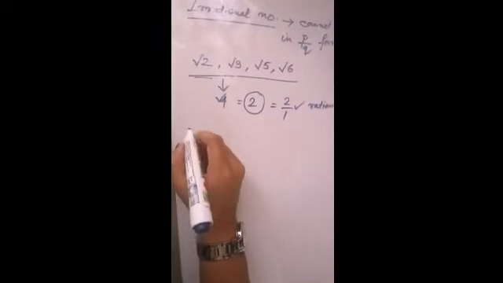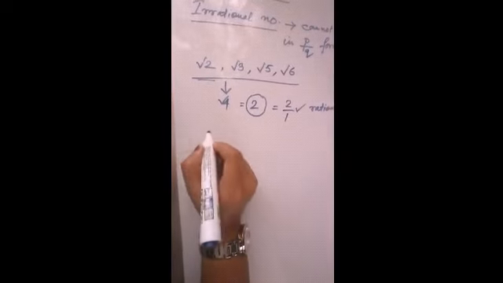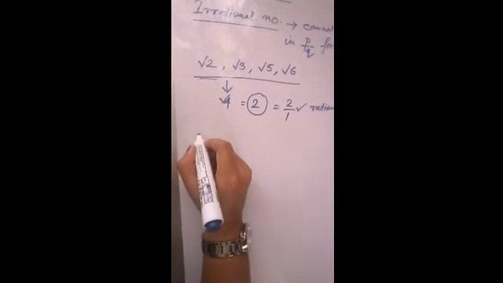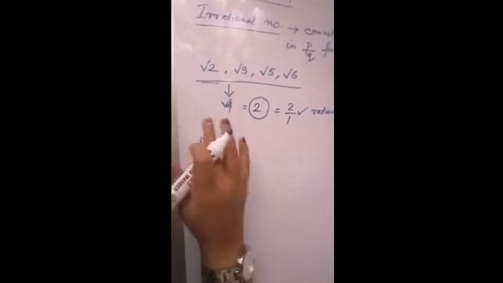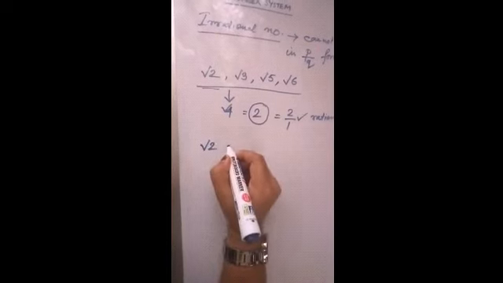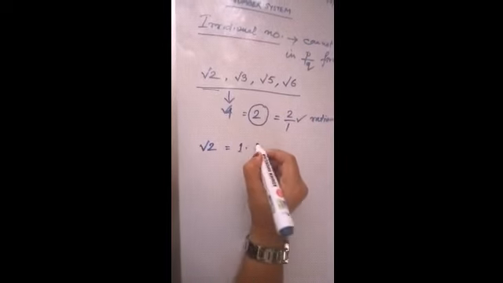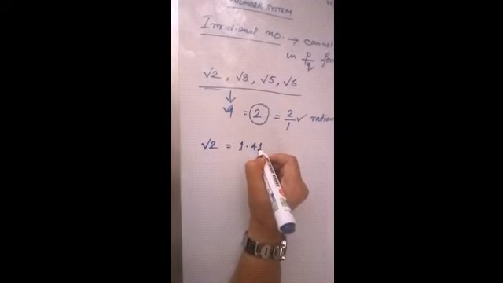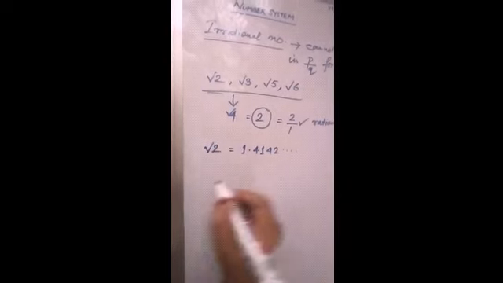Now, how do we find out whether a number is a rational number or an irrational number? The things you should keep in mind are: first, let us notice the number. See root 2. What is its value? You know the value of root 2 is 1.4142 and so on.